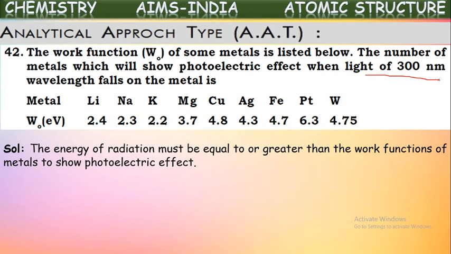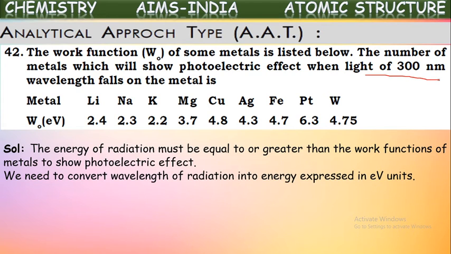The energy of the radiation must be equal to or greater than the work functions of the metals to show the photoelectric effect. So we need to convert the wavelength into energy.